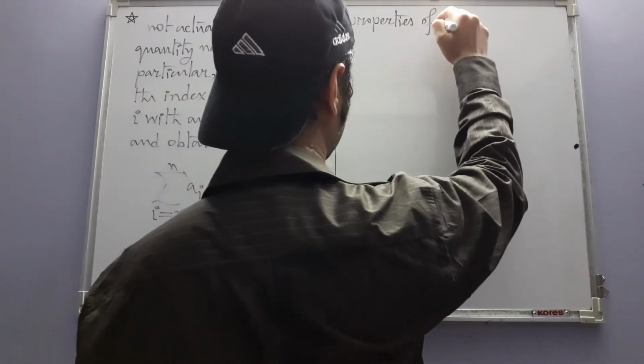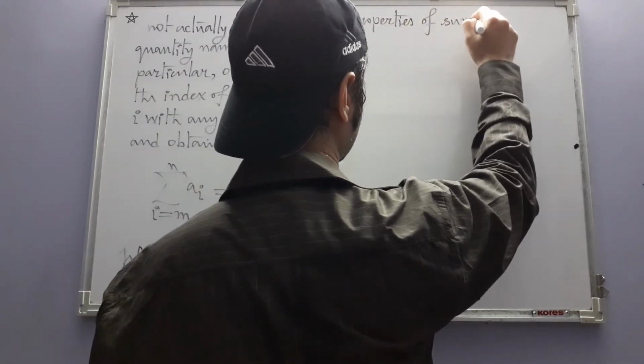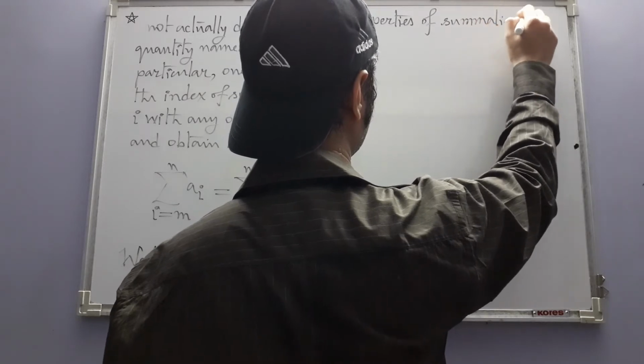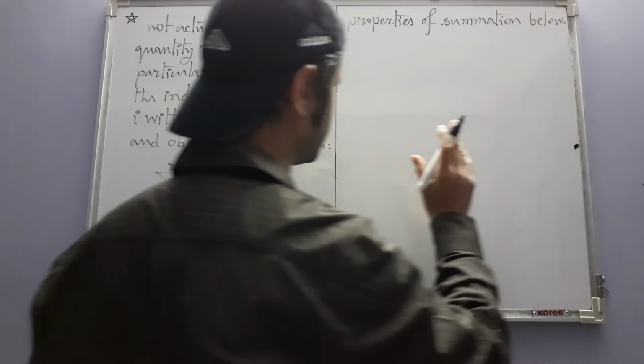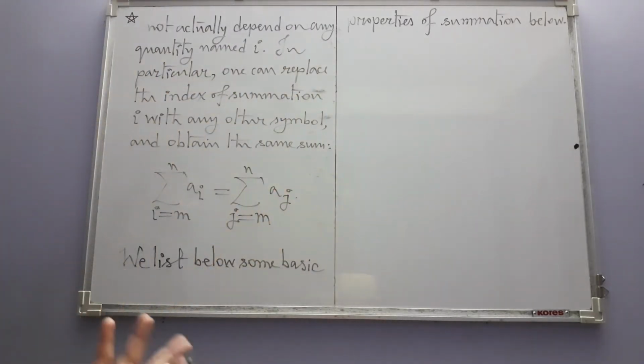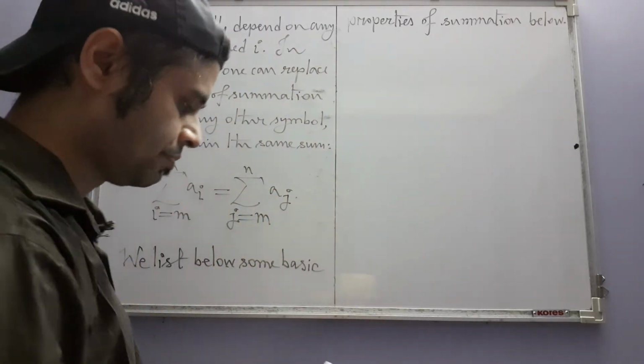Okay, so the author is saying summation below, which just means that basic properties of finite series.